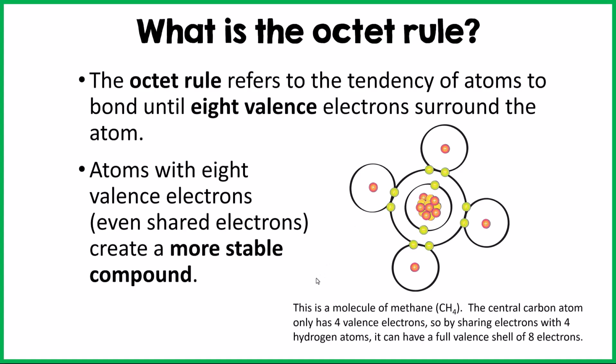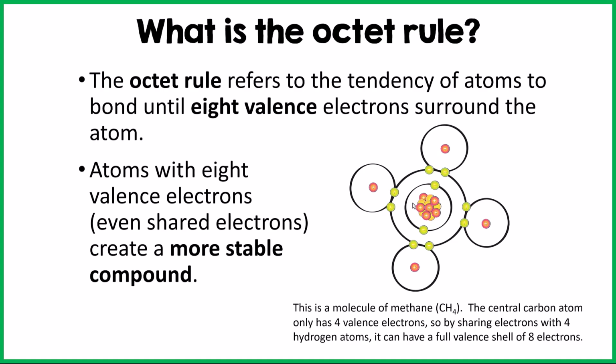So here's a molecule of methane, which is CH4. This is the common name. It is actually carbon tetrahydride, like we had discussed in a previous unit. So if this molecule of methane has 4 hydrogen atoms around the outside and a carbon atom in the middle, the central carbon atom only has 4 valence electrons because if you look back at your periodic table, carbon only has 4 valence electrons.